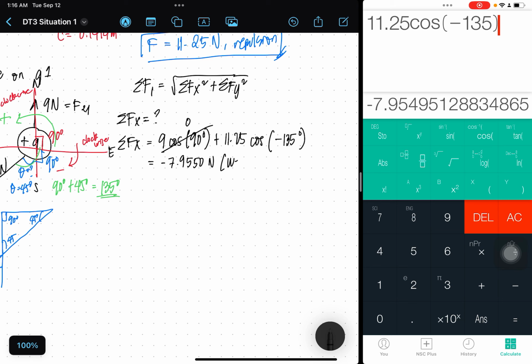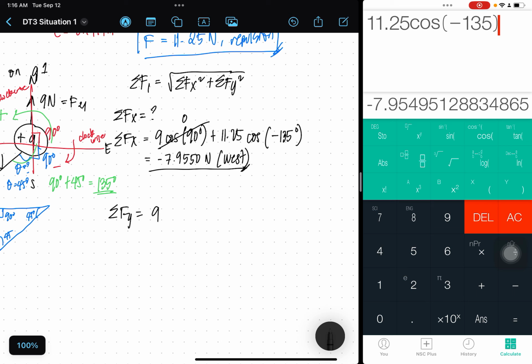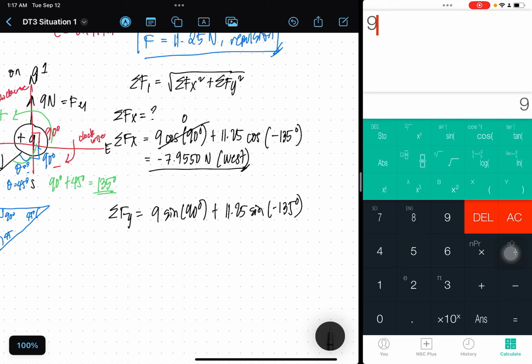Okay? West. Then, summation force naman kay Y. Ganun lang din. Palitan mo lang ng sign yan. 9 sin 90 degrees plus 11.25 sin negative 135 degrees. So, compute natin 9 sin 90 degrees plus 11.25 sin negative 135 degrees.